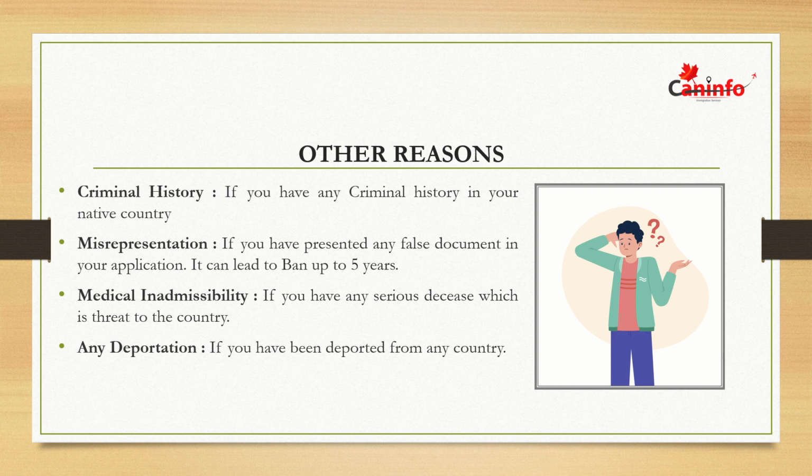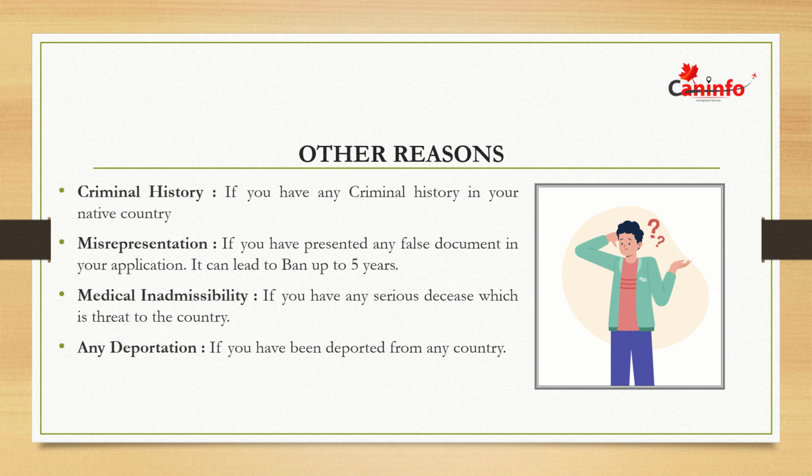Like criminal history. If you have any criminal history in your country, then there are fair chances that your visa may get refused. Misrepresentation. If you have represented falsely, meaning you have put in any false document or any malfunctioning document with your application, then your visa will not only get refused but you would also be banned for up to 5 years. Medical inadmissibility.